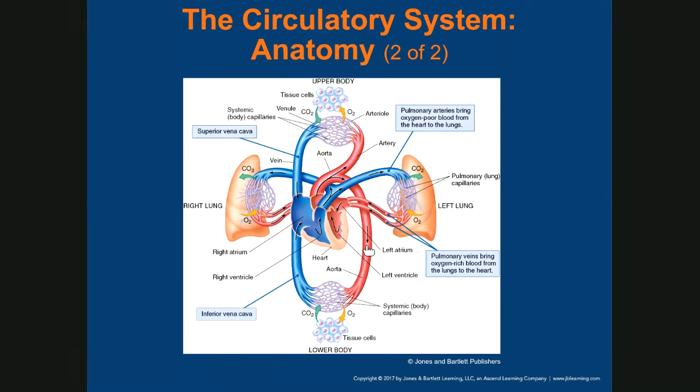These systemic arteries will eventually break down into systemic arterioles. The systemic arterioles are connected to systemic capillaries, which are over the cells within the body.